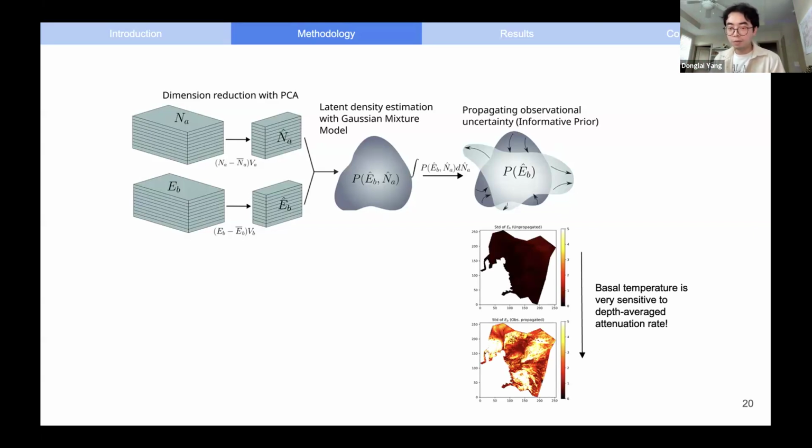We see that before it was propagated, the uncertainty isn't very high. These are just uncertainties coming from the simulation ensemble alone. But after we propagate the observation uncertainty, the uncertainty just gets blown up. This shows that the basal temperature is pretty sensitive to depth average attenuation rate, which is fine, right? We acknowledge that it's not a very strong constraint, but we have to do something to mitigate this. We cannot just say this is our answer, right?